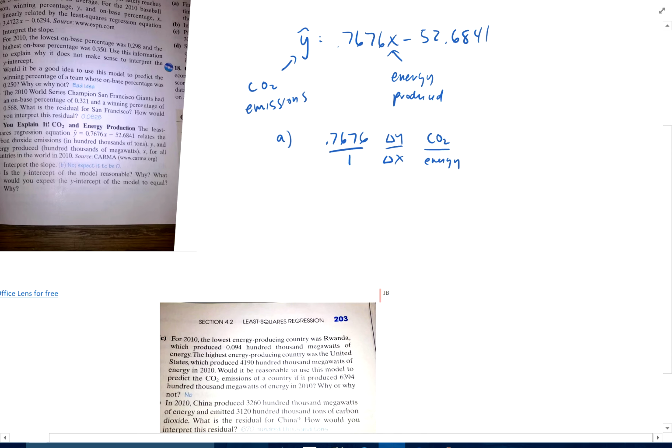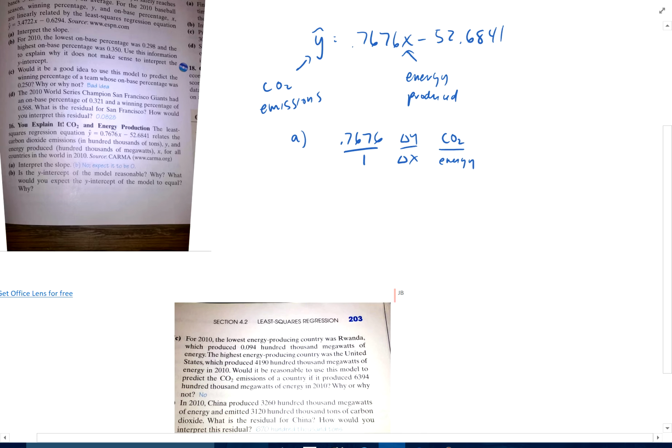So the question is, what in the world are our units? We've got to look at hundred thousands of tons over hundred thousands of megawatts.